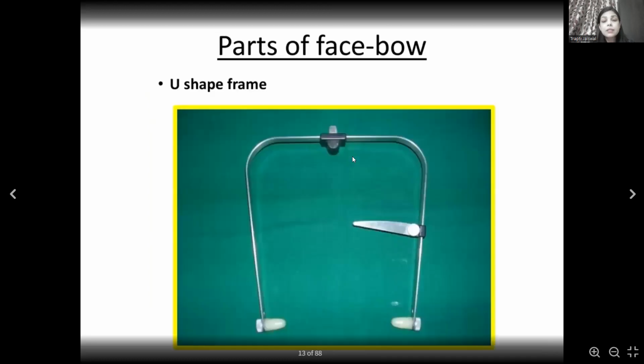The first part is the U-shaped frame. It is a spring-like assembly which is wide enough to avoid contact with the sides of the face. And this is the earpiece type of facebow, the Hanau facebow.